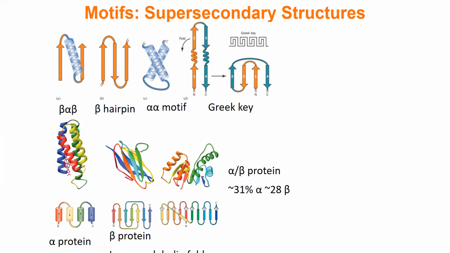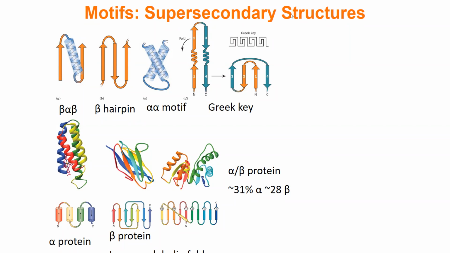A motif is something that shows up in a lot of different proteins, and they're a specific combination of alpha helixes and beta sheets.